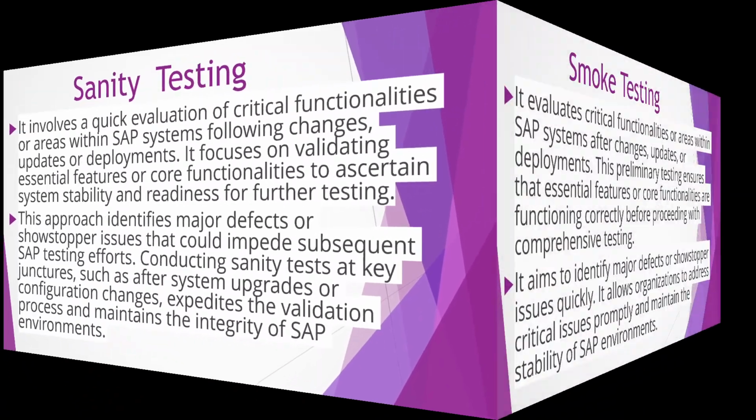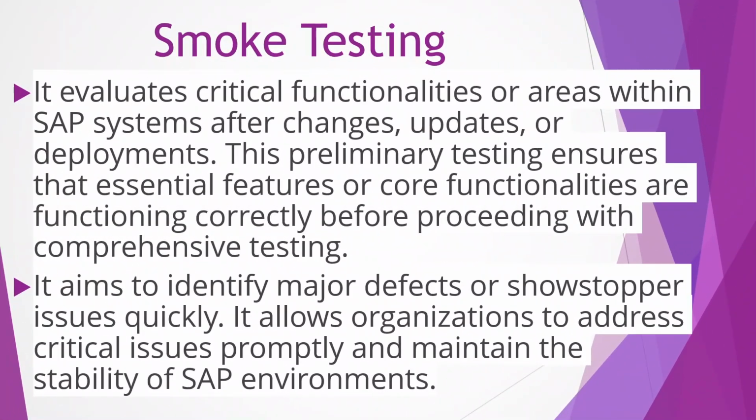Let's move further. Smoke testing. This is another testing method. It evaluates the critical functionalities or areas within SAP systems after changes, updates, or deployment. This testing primarily ensures that essential features or the core functionalities are functioning correctly before proceeding with comprehensive testing.